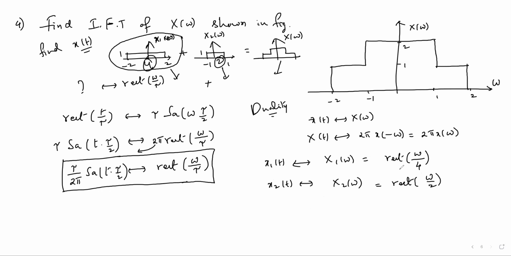What we need to find is the inverse Fourier transform of these two signals. Take this rectangular of omega by 4. What is the inverse Fourier transform? What is the tau value in this signal? Tau is 4. So 4 by 2 pi sampling of t times tau by 2, which is 2.